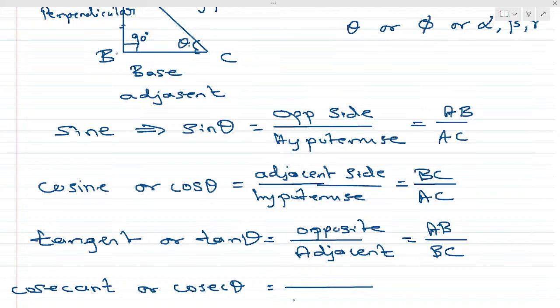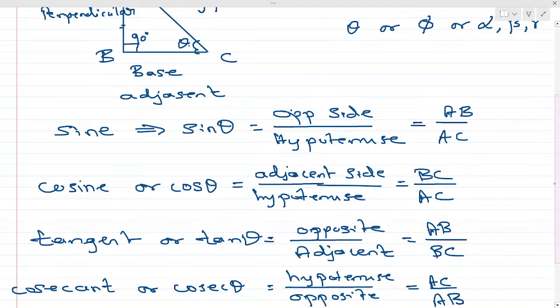That will be hypotenuse divided by opposite side, which means it is the reciprocal of the sine. We can see here sine is opposite by hypotenuse, cosecant is hypotenuse by opposite, therefore it will become AC by AB. This also gives a mathematical relation: it is 1 by sine theta.